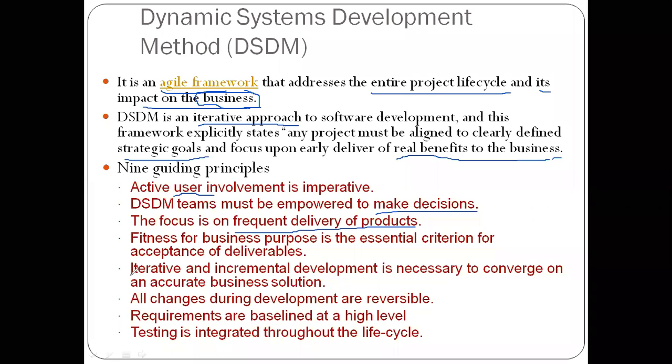Next one is: iterative and incremental development is necessary to converge on accurate business solutions. If you want to reach the business goals of a particular project, then you must use iterative and incremental development. You should follow these two kinds of implementations in your project, then only will you reach your business goals.